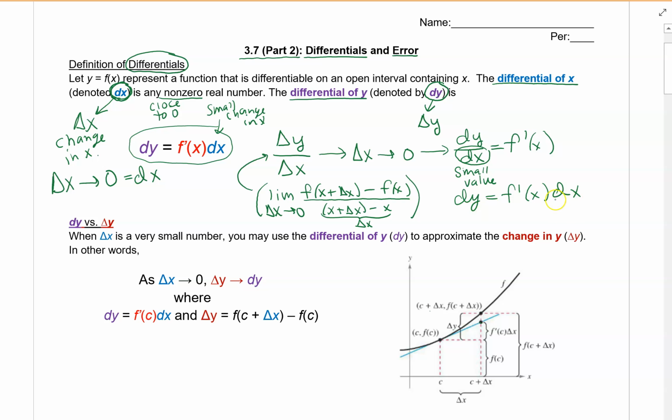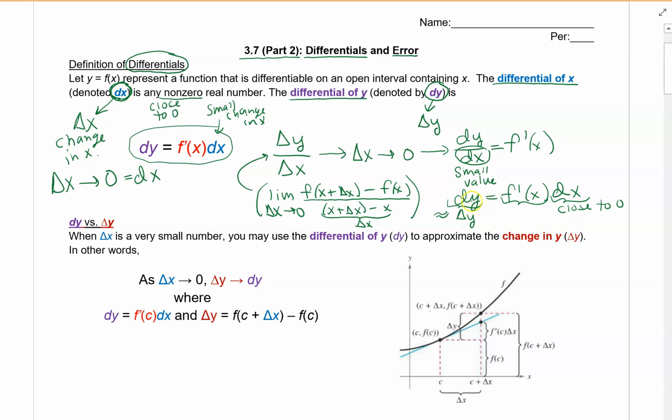And this dx is a number that is very close to 0. It is a very small change in x. This is the instantaneous rate of change of y with respect to x, slope of the tangent line. And then this is the related change in y, or the approximate value for the related change in y between two y values on the graph of f of x.